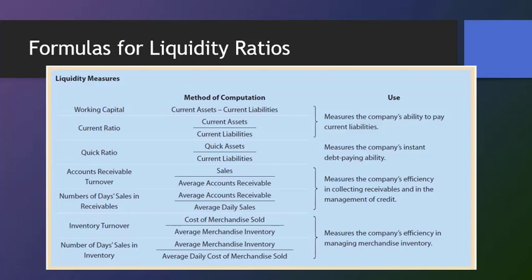If you're looking on a financial website or something like that, a lot of times they'll use a calculation that's a bit more complex. They might use a weighted average or something like that. But for the purposes of our assignments, you will be just fine using a simple average. So again, if they want the average of an account, just take last year plus this year, then take that sum, divide by 2, and that is your average for that particular account.